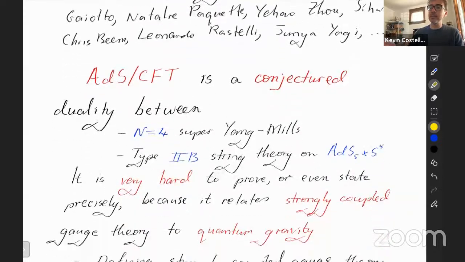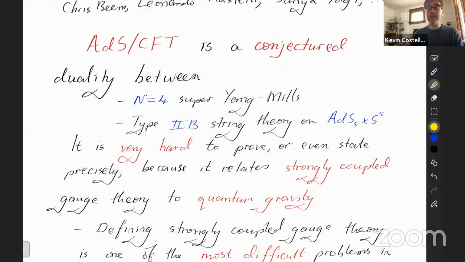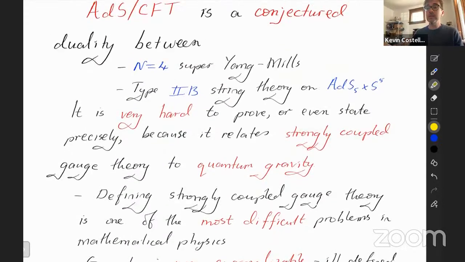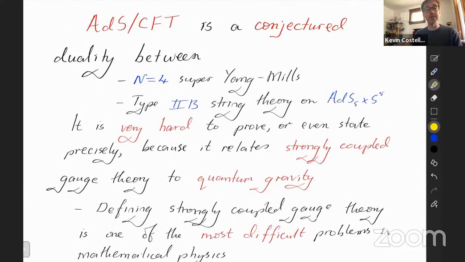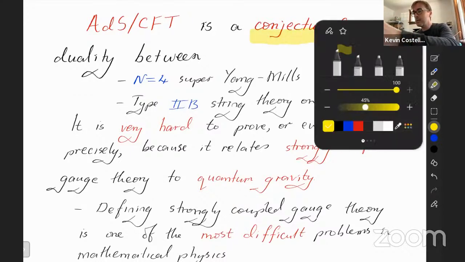So let me remind you a little bit about the background. The original AdS/CFT correspondence, we've all heard a great deal about it, but it's important to recognize that the original correspondence is still very much conjectural.